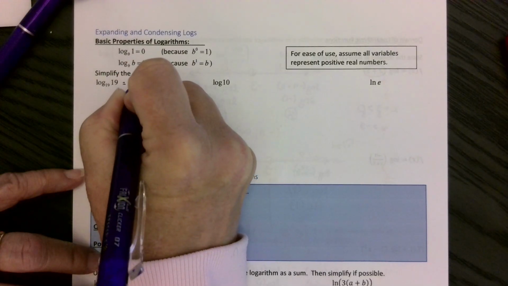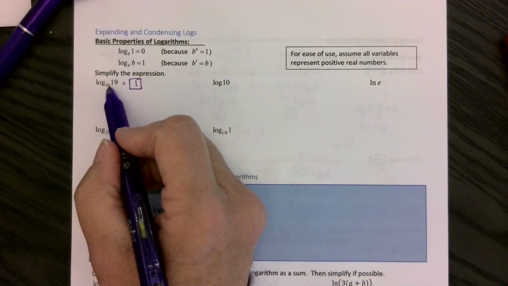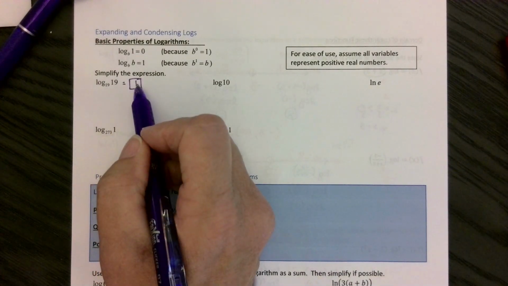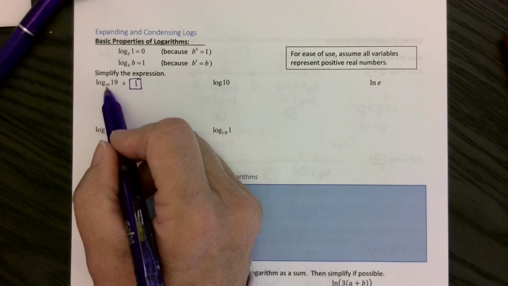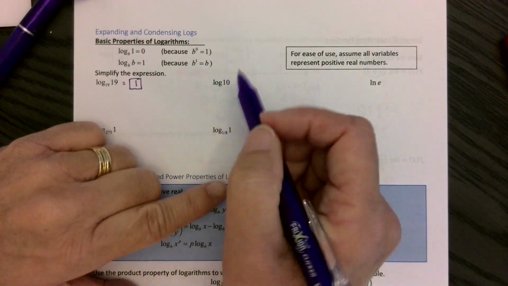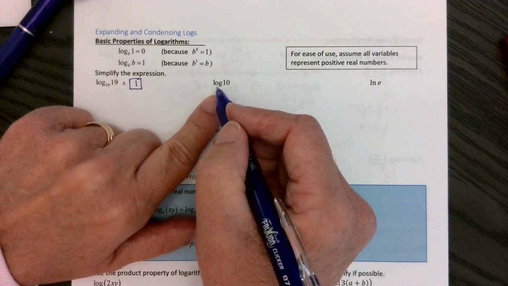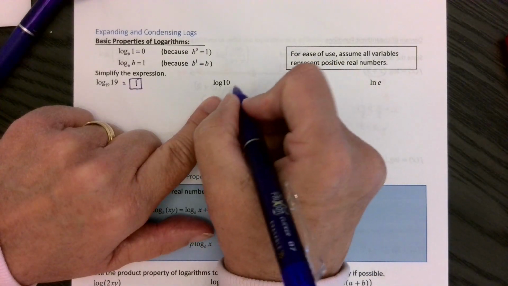So I know here my answer is 1, and that is because, remember, logarithms or logs are exponents. The only number that I can raise 19 to get 19 is 19 to the first power equals 19. Right here, you will not see a base 10 because it's understood the common log has a base 10.